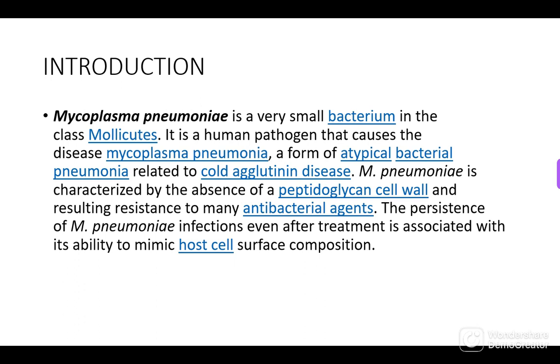Mycoplasma pneumoniae is characterized by the absence of the peptidoglycan cell wall, and this results in resistance to many antibacterial agents. The persistence of the Mycoplasma pneumoniae infection even after treatment is associated with its ability to mimic host cell surface composition, and that is why it is an immunogenic agent.